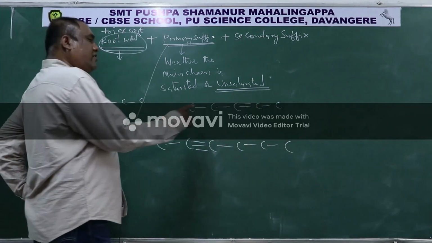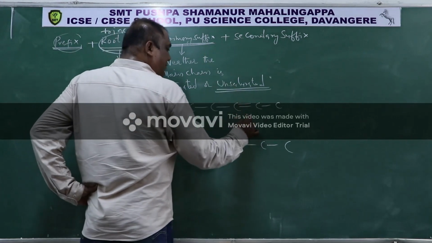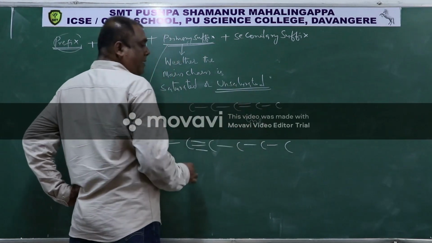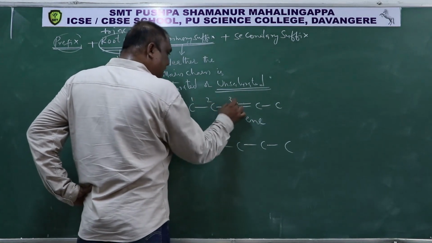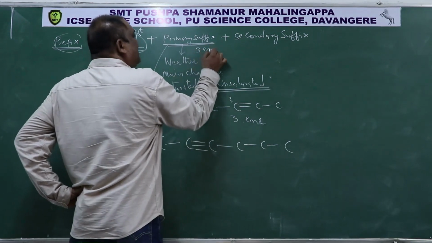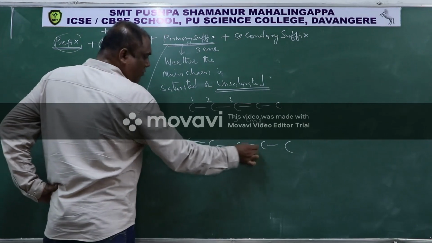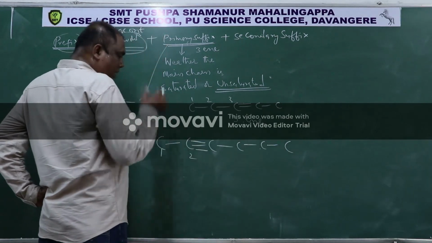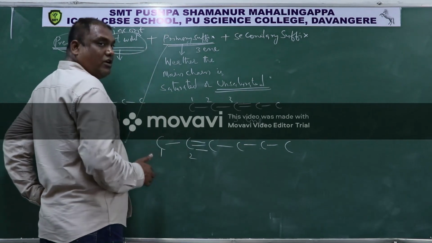Now, somewhere if there is a double bond, then primary suffix will become "en". And this double bond is at what number? Say 1, 2, 3. Then I write 3-en. So primary suffix becomes 3-en. Here 1, 2, 3, 4, 5, 6. So why? Because while giving numbers I already told the functional group should get lowest number.